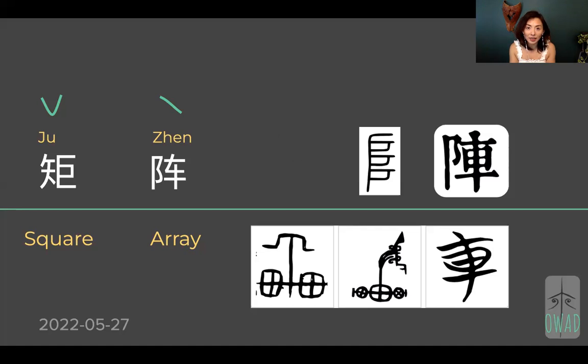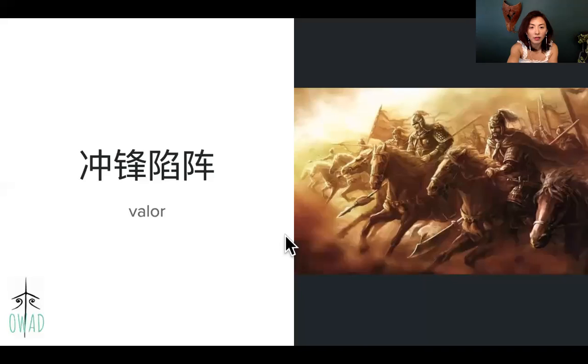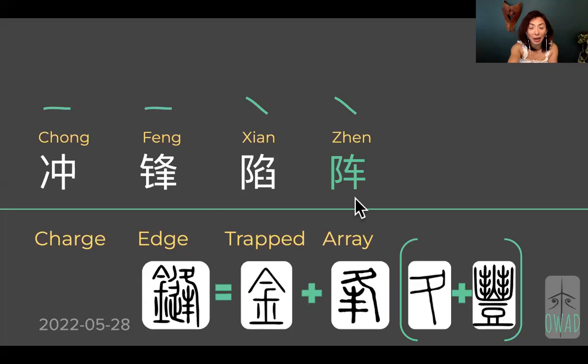It's a Chinese translation by meaning, not by the sound, of the English concept, a mathematical concept, matrix. And we use the square, the shape of the matrix, and the layout, which is array, which is columns and rows by columns. That's our 阵, that's our array. So today we're going to continue on the character 阵.